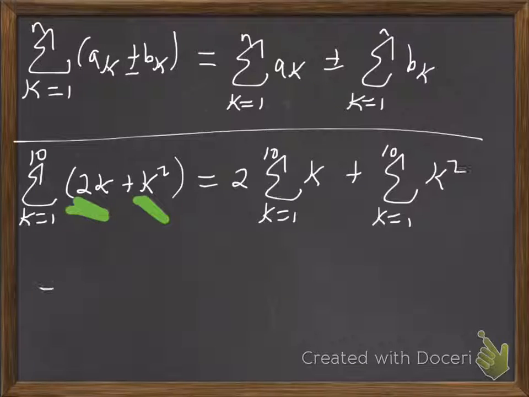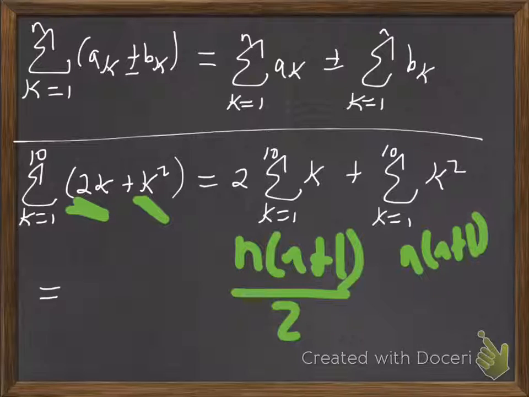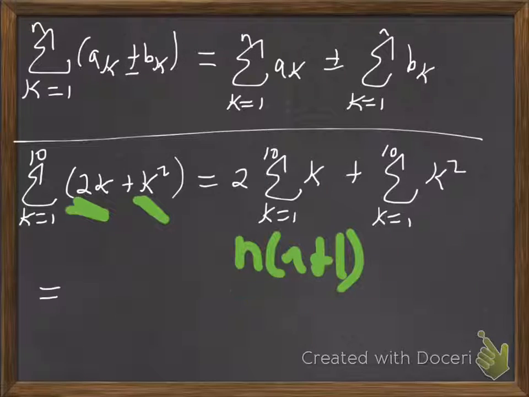Okay, and this one is going to be n plus 1 over 2, and this one will be n plus 1, 2n plus 1, all over 6. Those n's are going to be replaced with 10s.